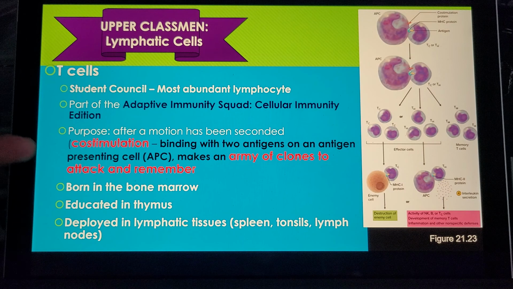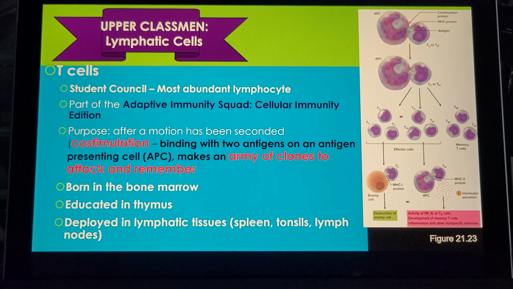So if you get infected with that same thing again, you already have clones ready to go to fight it off faster. Same thing with vaccines. It will create a bunch of T cells specifically against that pathogen that you're being vaccinated for.